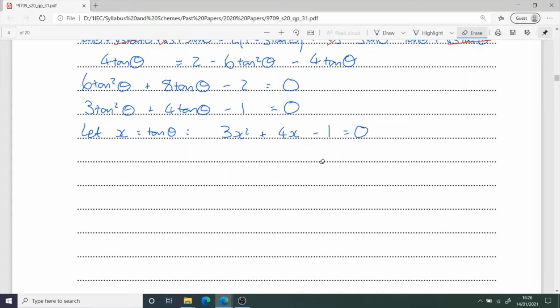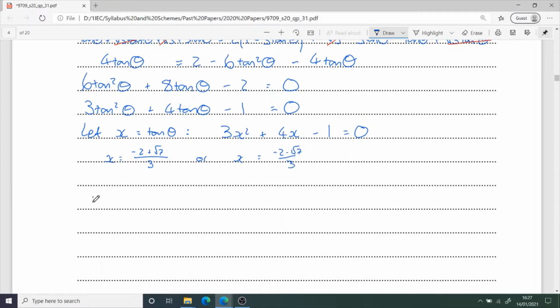So 3x squared plus 4x minus 1, and we have two possible solutions. x is equal to minus 2 plus root 7 over 3, or x is equal to minus 2 minus root 7 over 3.